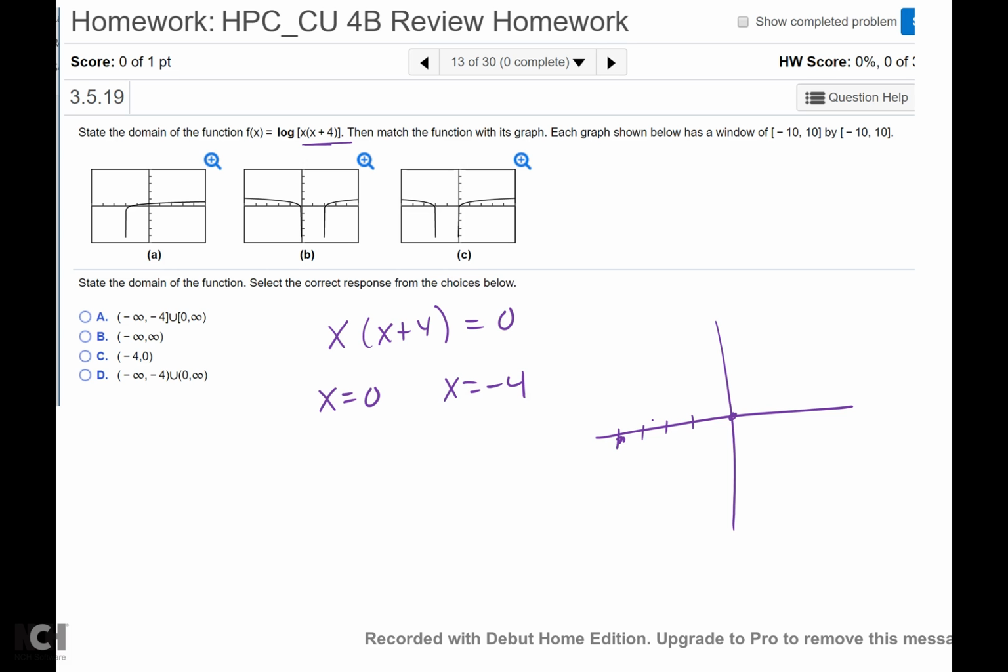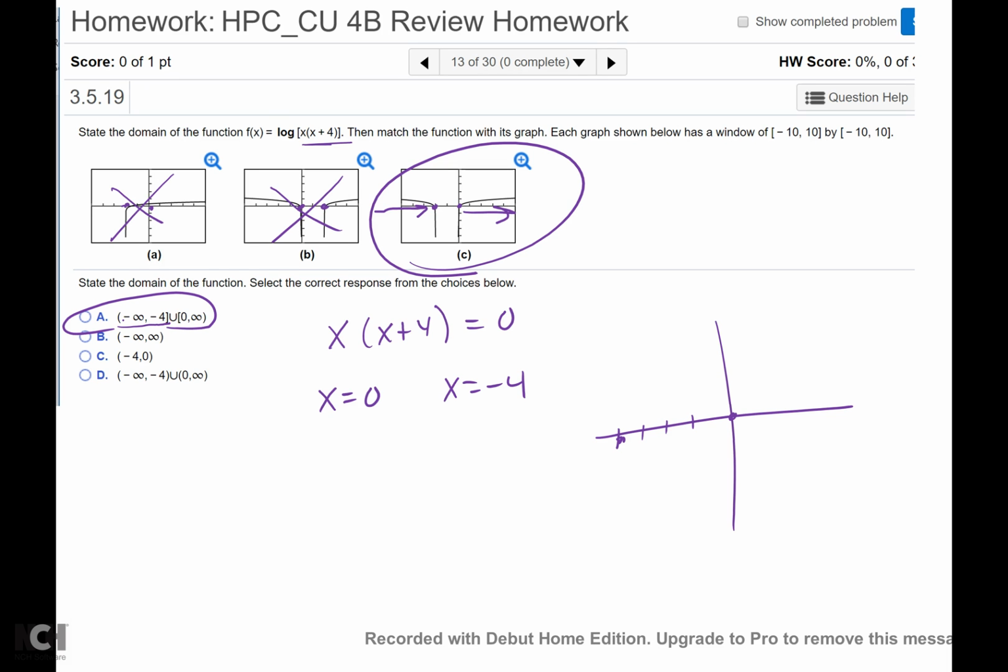So the only one that touches at 0 and negative 4, no. There's 0 and positive 4, no. There's negative 4, counting by 2's. And there's the 0. So it's got to be C, which means my domain goes from negative infinity to negative 4, union 0 to infinity.